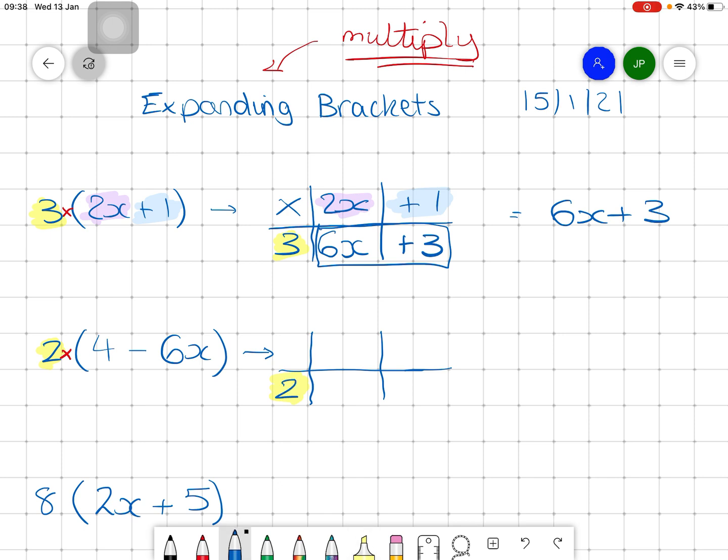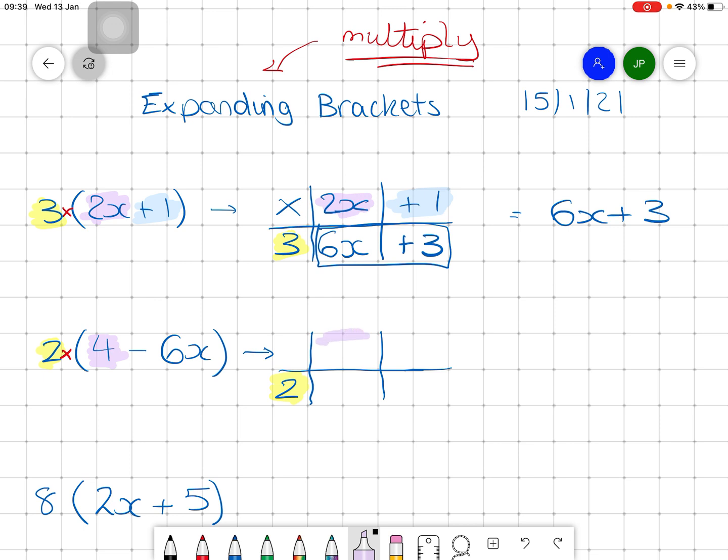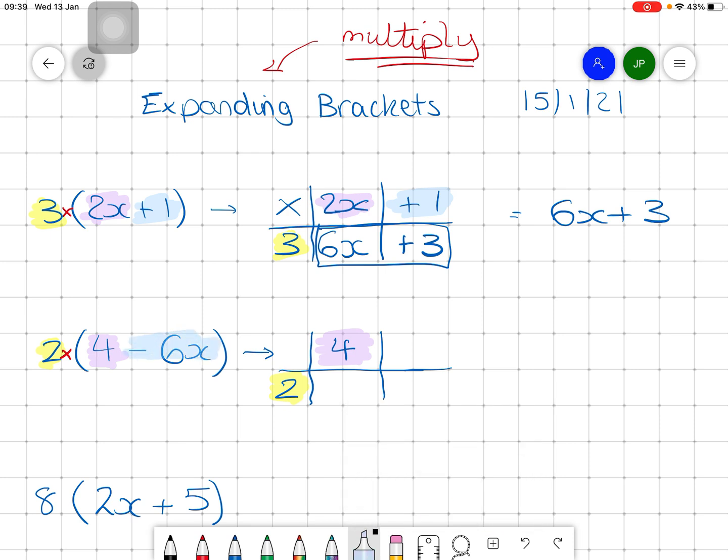So we'll put our 2 in, and then whatever comes inside our brackets goes along the top. So in this case, we're going to have 4, and we're going to put our 4 into that gap there. And we're going to put our negative 6x, and this is why it's important we take it with us, our negative 6x into that gap there.